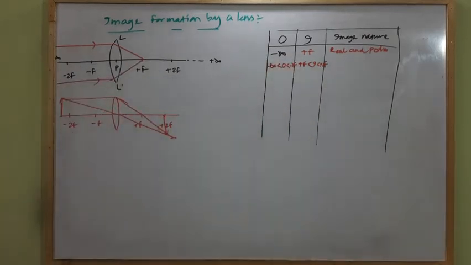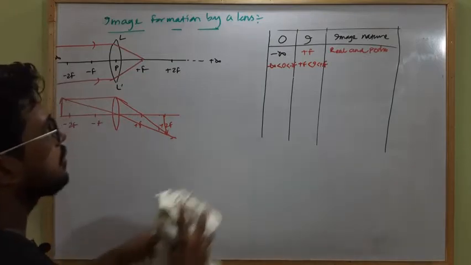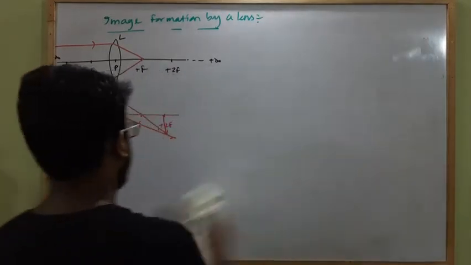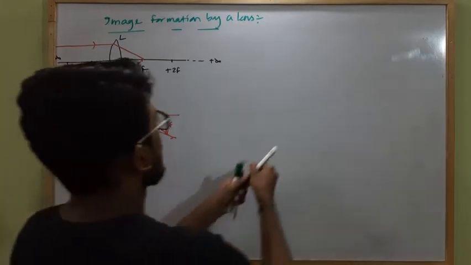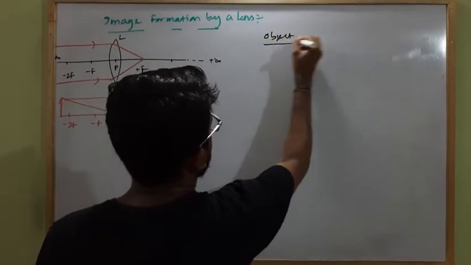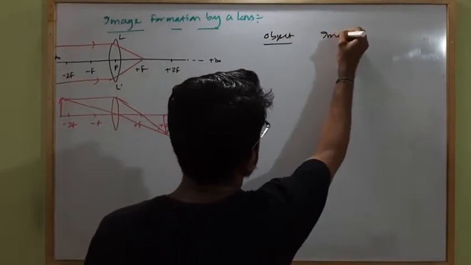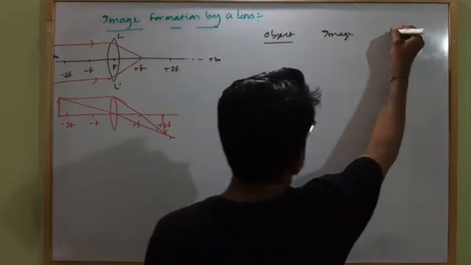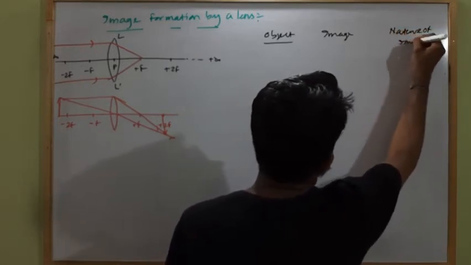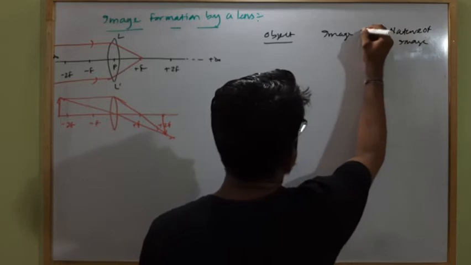Clear? So let me draw the table clearly. Object, image, nature of image. Okay.